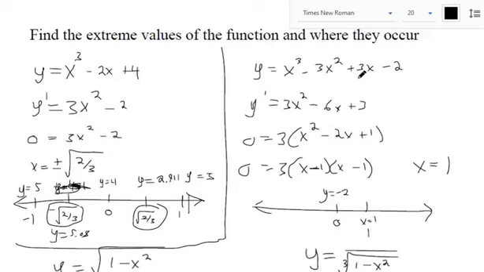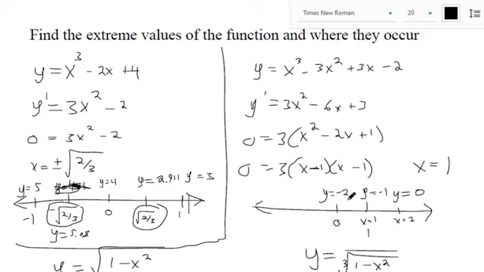Negative 2 plus 3 is 1. 1 minus 2 is negative 1. And then let's test out something to the right, something slightly larger. If I plug in 2 in here, 2 to the third is 8. That's 8 minus 12, so that's negative 4. Negative 4 plus 6 is 2. 2 minus 2 makes 0.